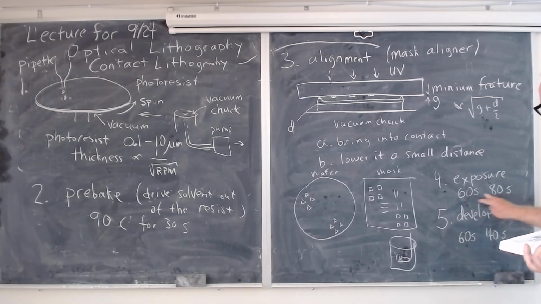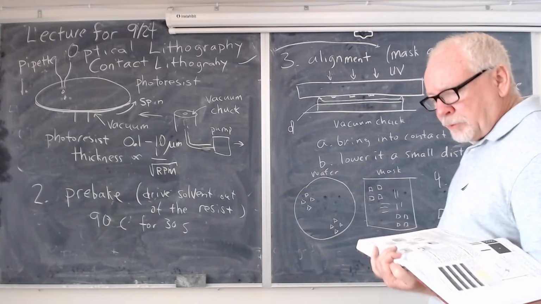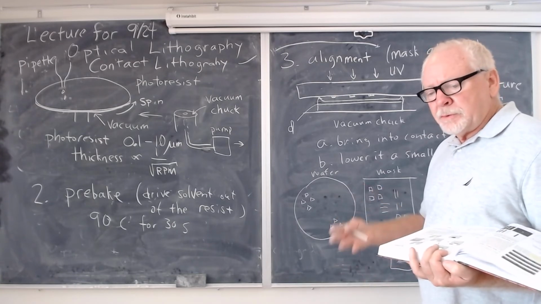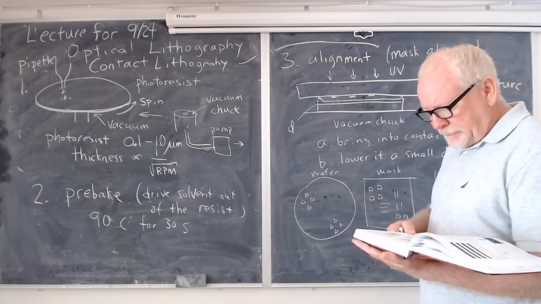And in fact, you may explore varying the exposure time and varying the developer time in order to maximize or optimize your results in terms of the sharpness of the features that you get.